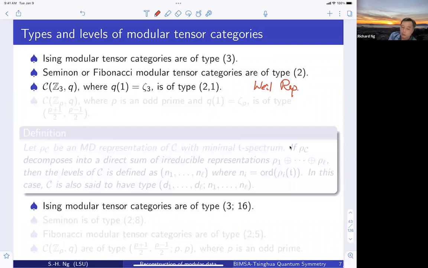Now it's no longer a single digit. Moreover, this is a prime modular tensor category. You don't have any fusion subcategories, so you cannot have any decomposition there. But the type has length more than 1.